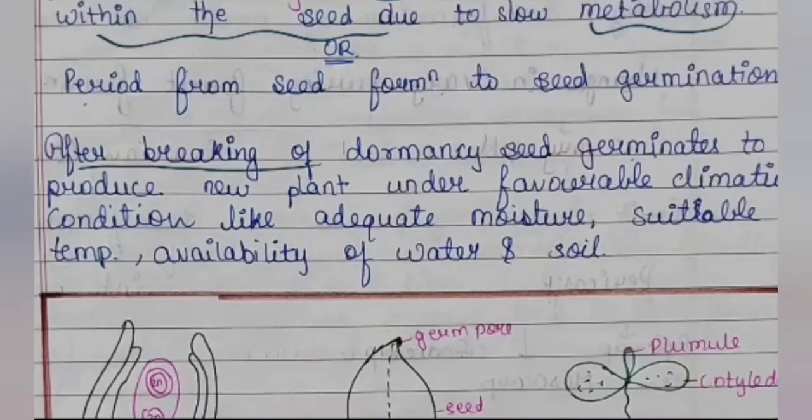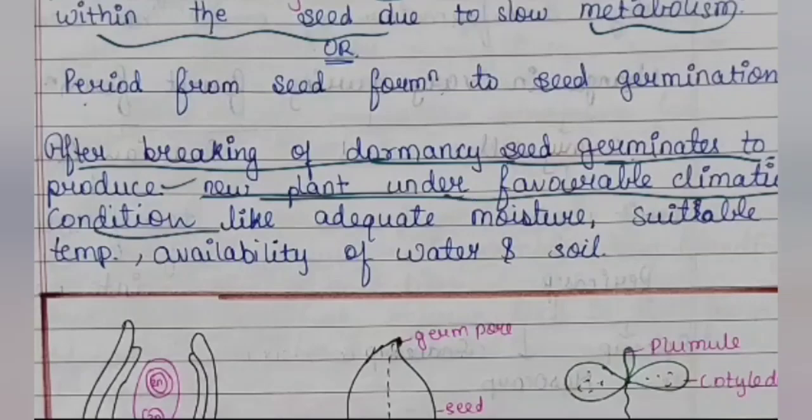So after breaking the dormancy of seed, it germinates to produce a new plant under favorable conditions, right? It requires right amount of moisture, suitable temperature, and water and soil.